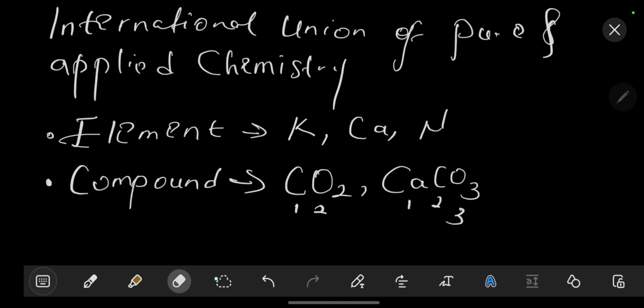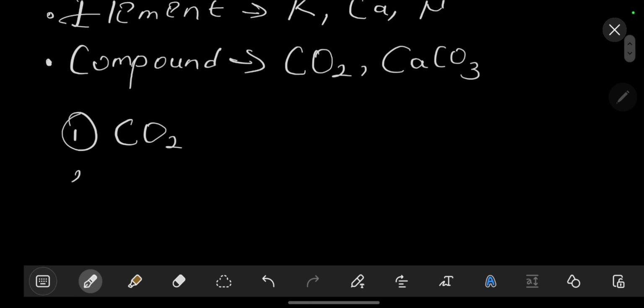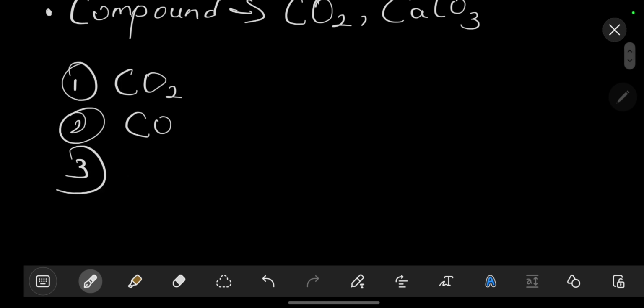Now, having told you that, let's see how we can name compounds. And these are inorganic compounds, by the way. Very first example, let me start by giving you some basics. For example, CO2. Let me give you CO. Let me give you NO2.